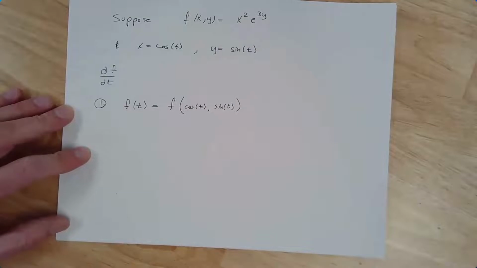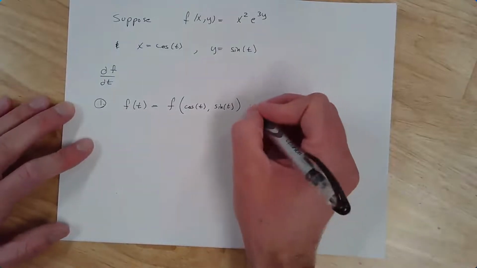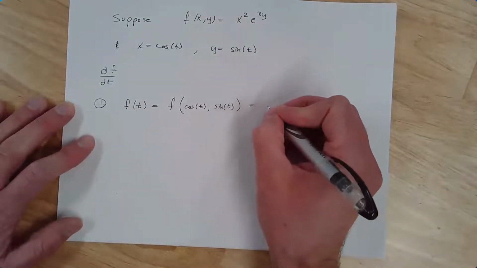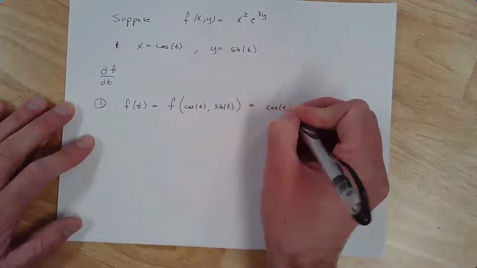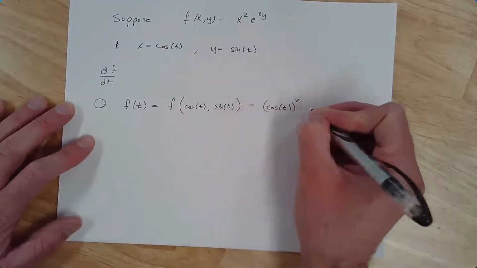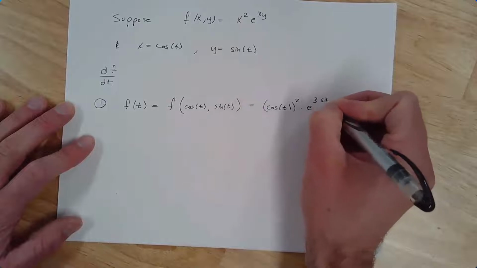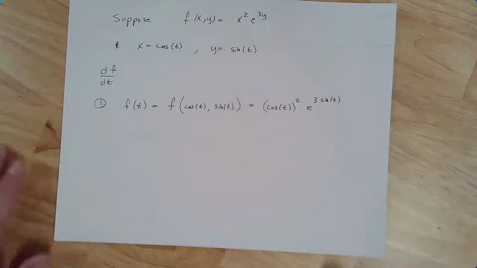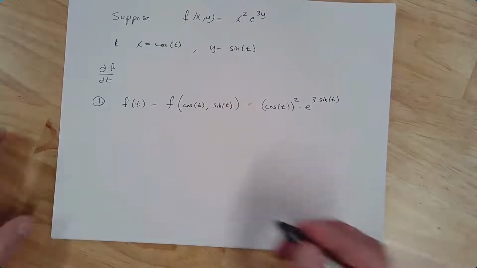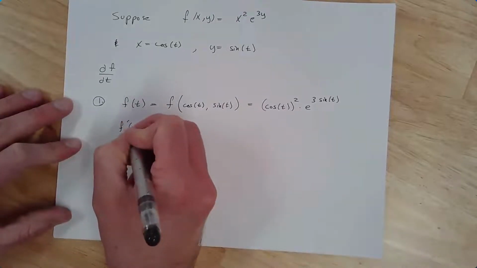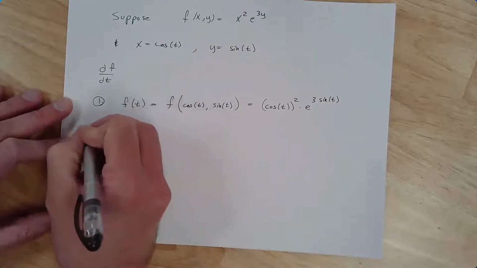Just replacing x and y with what they're equal to. And that's going to be cosine of t squared times e to the 3 sine of t. And we can take the derivative of this. It's not going to be pretty, but it can be done. F prime of t is going to be, I guess I can write df dt.